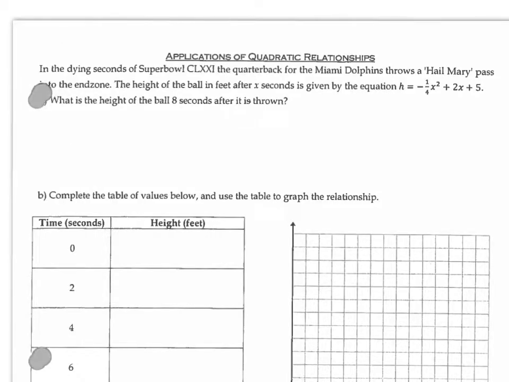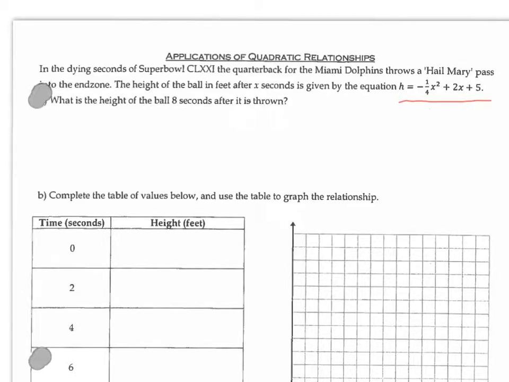The first application we're going to look at is a word problem about a quarterback in the Super Bowl. He throws the ball and it tells us that the height of the ball, h, can be calculated using this equation: h equals negative a quarter x squared plus 2x plus 5. And we know from our work with quadratics that this is an equation in standard form.